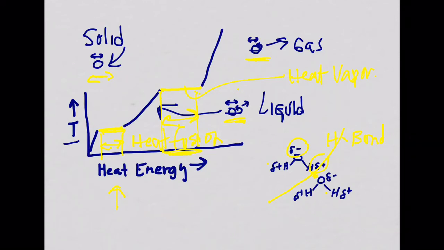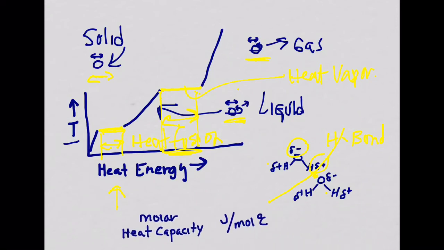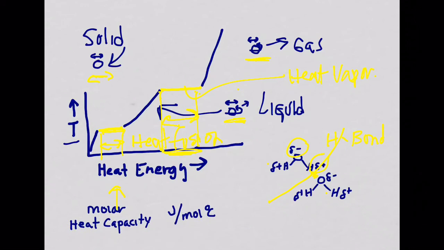So let's look really fast at a couple of other things that you see on these heating curves. One is the molar heat capacity. The other one is the specific heat capacity. The molar heat capacity is the amount of heat energy that the material captures, and that's the amount of heat energy in joules.